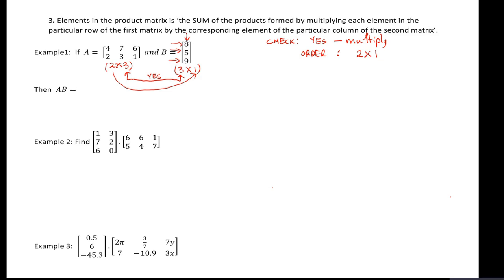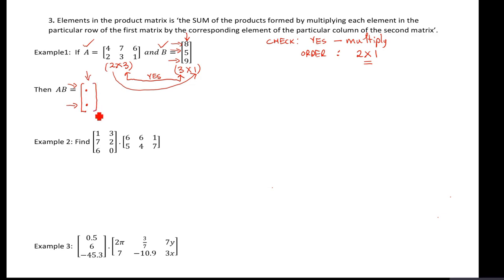So I'm going to write my answer right here. If A is that and B is that, then A times B will be equal to a 2 by 1, which means I must have 2 rows going that way and only 1 column.